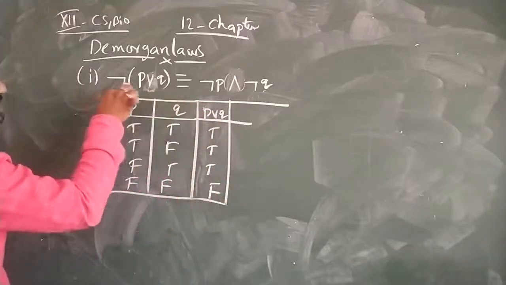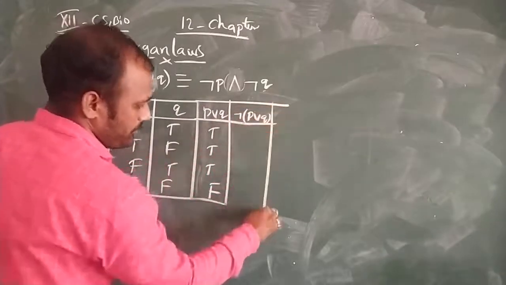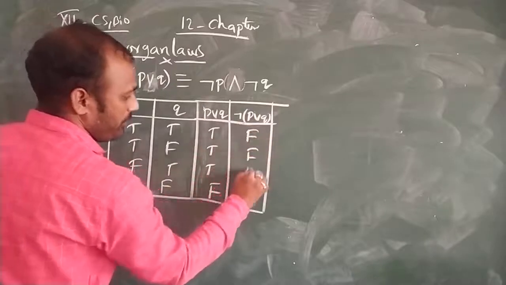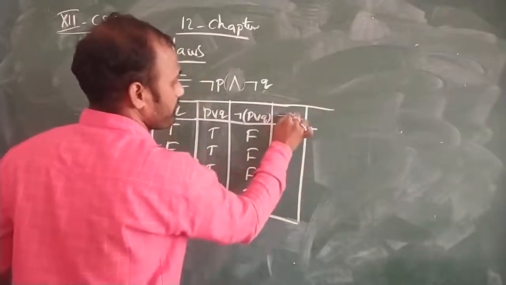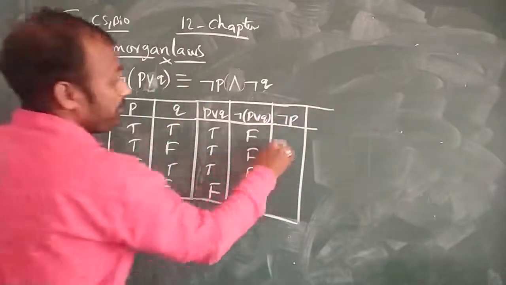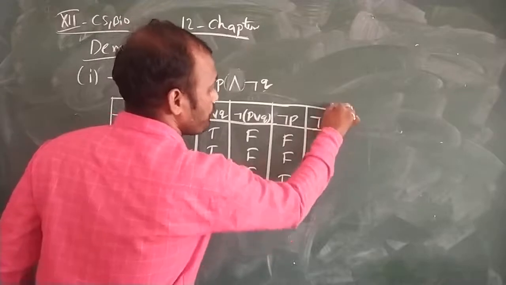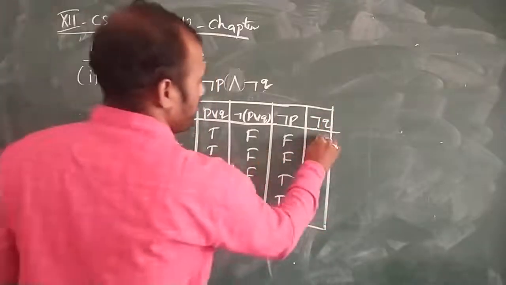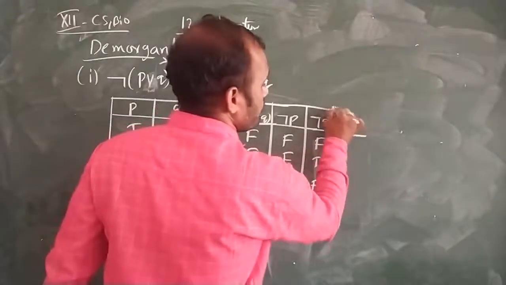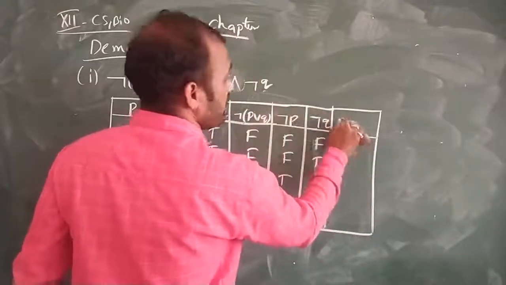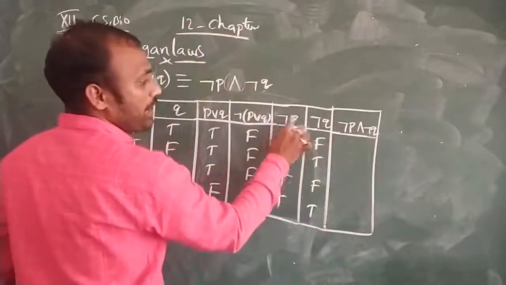So I need to apply the negation for this. If I apply the negation for P or Q, it will become F, F, F and T. Next I need to apply the negation P. So negation P will be F, F, T, T. And next negation Q, F, T, F, T. Lastly, I need to apply negation P and negation Q. So between these two, I have to apply the AND operation.